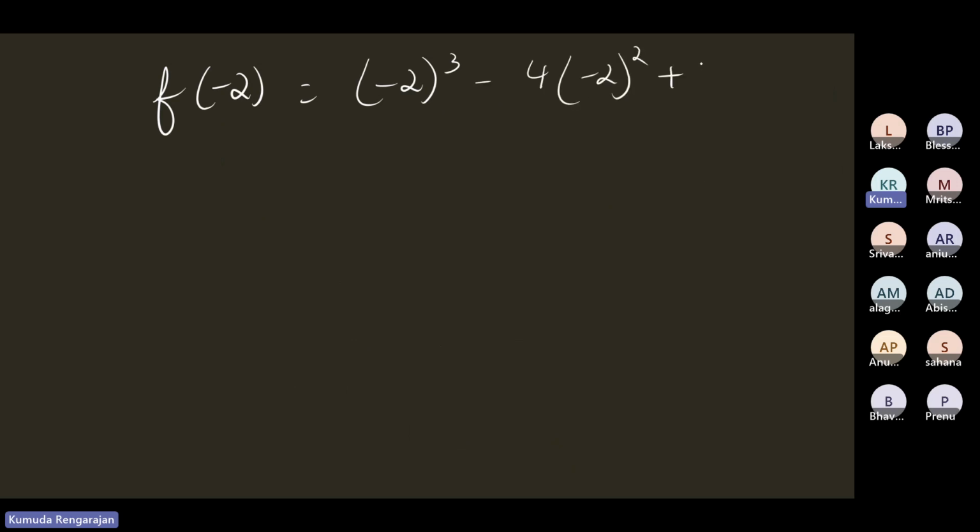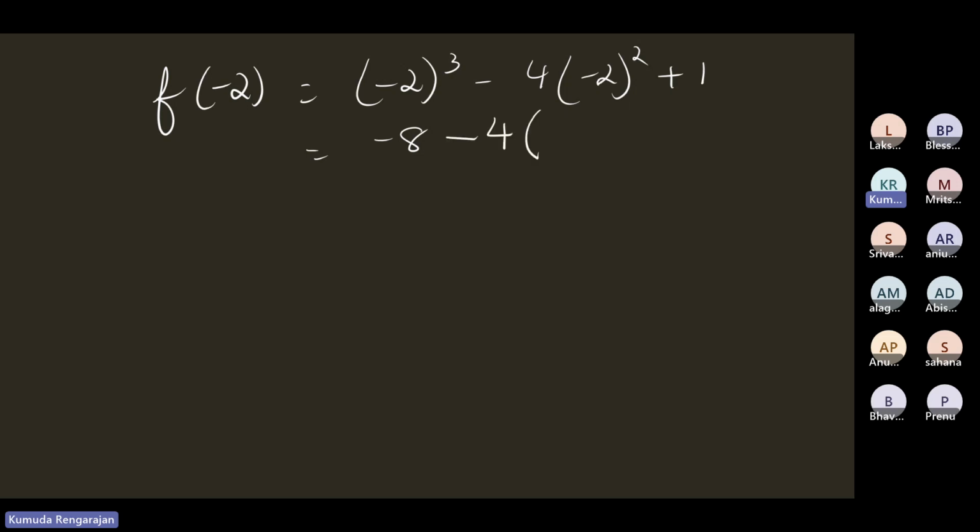Supposing you have minus 2, like f of minus 2. I'm just writing something randomly, okay? 4 into minus 2 the whole cube plus, say, 1. So minus 2 the whole cube is minus 8. Minus 2 into minus 2 into minus 2, minus 8. Do not multiply minus into minus and write plus. Don't do that. Write the minus 4 as it is.